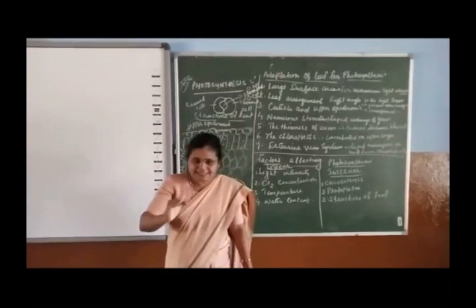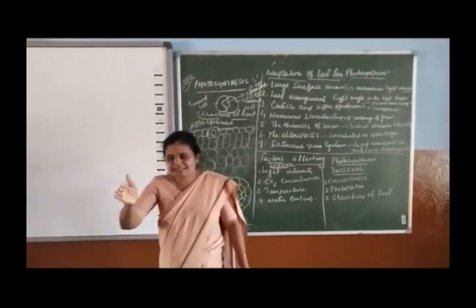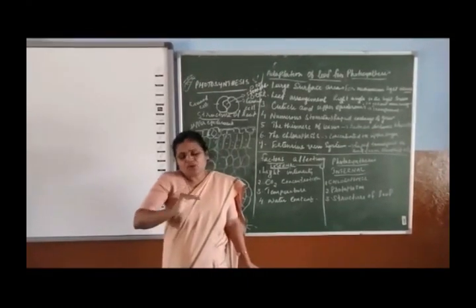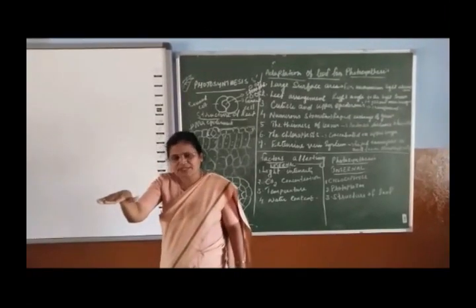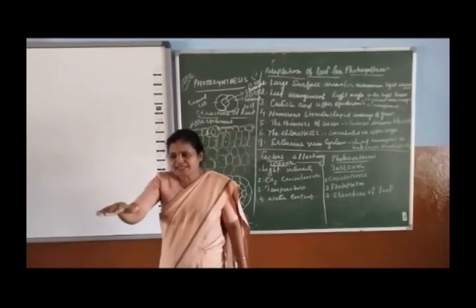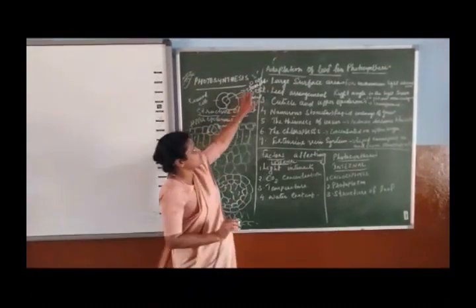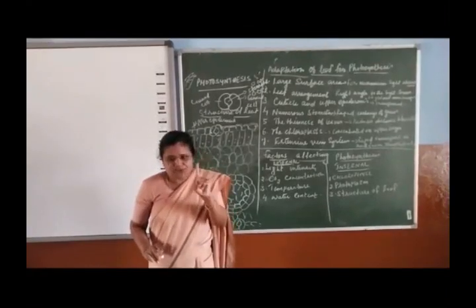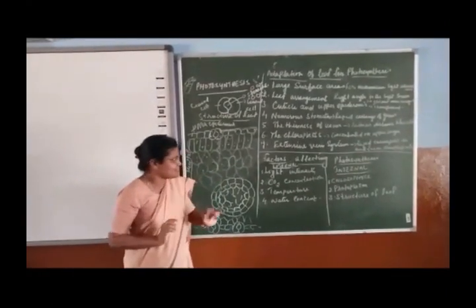with the increase in the light intensity, the rate of photosynthesis increases as simultaneously the carbon dioxide is available. Now it goes on increasing and reaches the first saturation point. Are you getting it clearly?